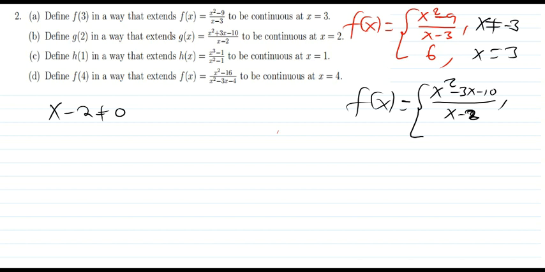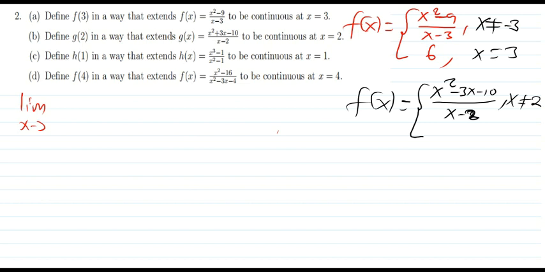So x should not be equal to 2. So it can be defined if x is not equal to 2, that is true. What else? I need to take the limit as x approaches the number which has been given. Okay, so I'll say limit as x is approaching 2, not 1.